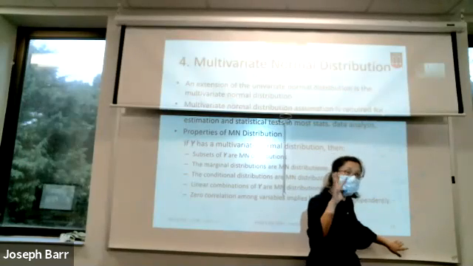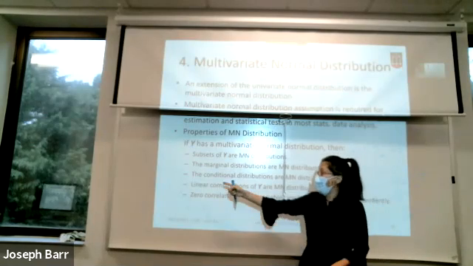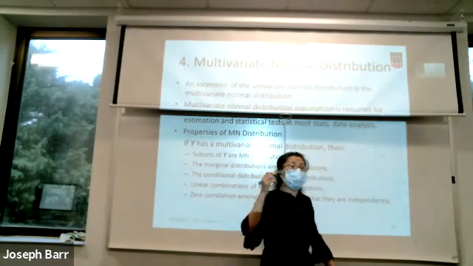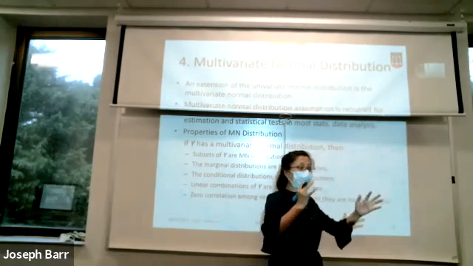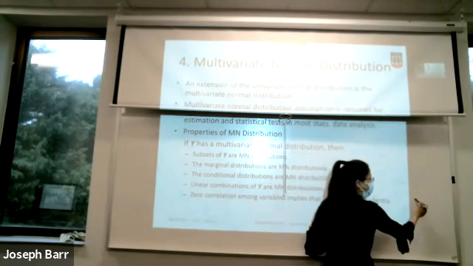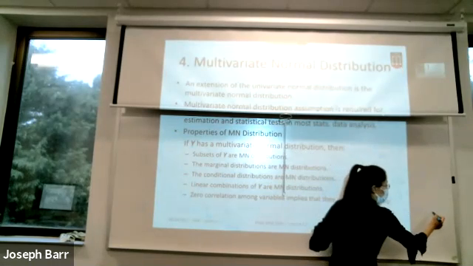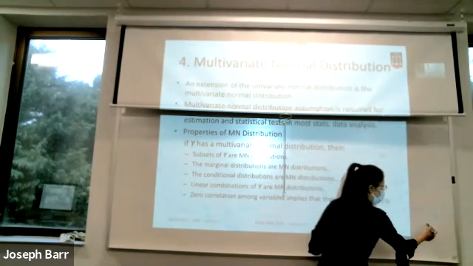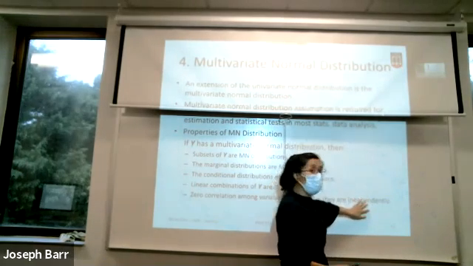In addition to these 3 variances, we also need to consider the covariance because it's multivariate distributed. So all of these variables are correlated. We need to consider their association, covariance. Covariance between X and Y. Covariance between X and Z. Covariance between Y and Z. And again, it is symmetric.